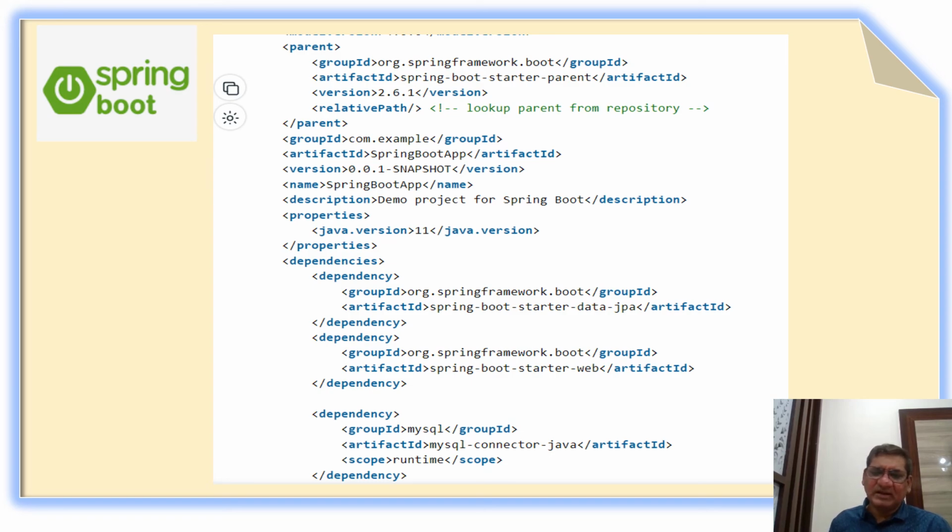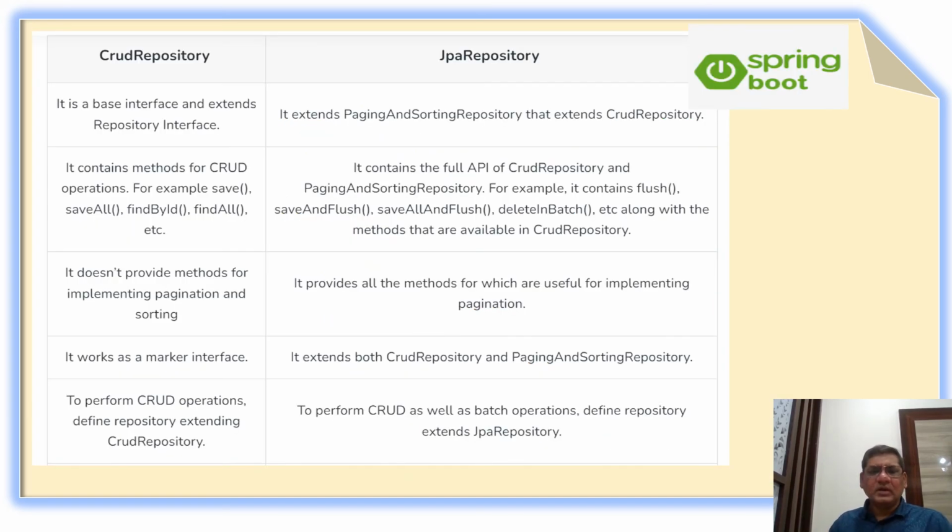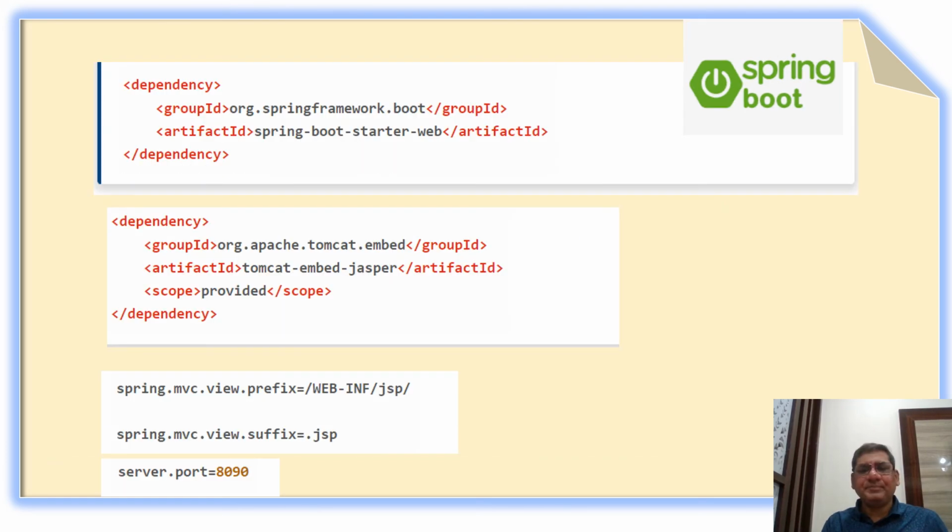Go through the slide and try to remember the things, so it helps you answer the questions you may face from interviewers. I also provided basic information on CrudRepository and JpaRepository, so go through the slide and remember them. We can see the artifacts and dependencies that we need to provide in the POM file.